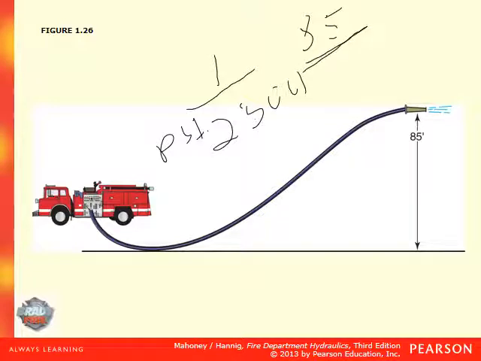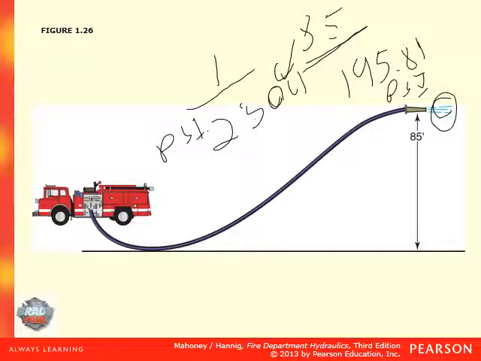So 85 times 2.304, again we're just cross multiplying, will give us a back pressure of approximately 195.84 psi on the pump. So the pump is going to have to work tremendously hard to get water out of that nozzle from the fire truck. It's going to have to overcome about 200 pounds of pressure just to get water to come out. And that's the concept of friction loss.